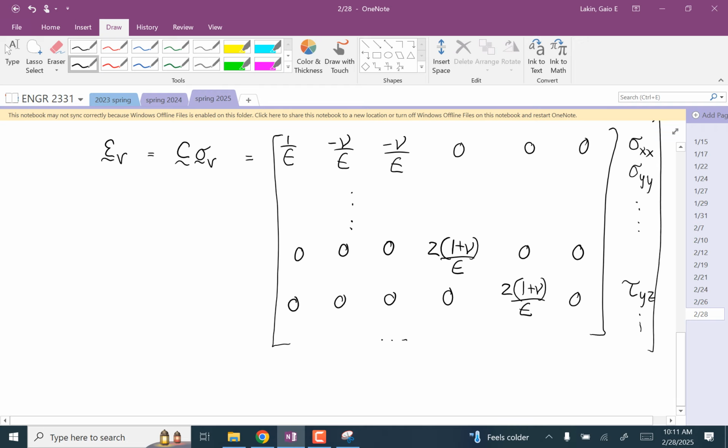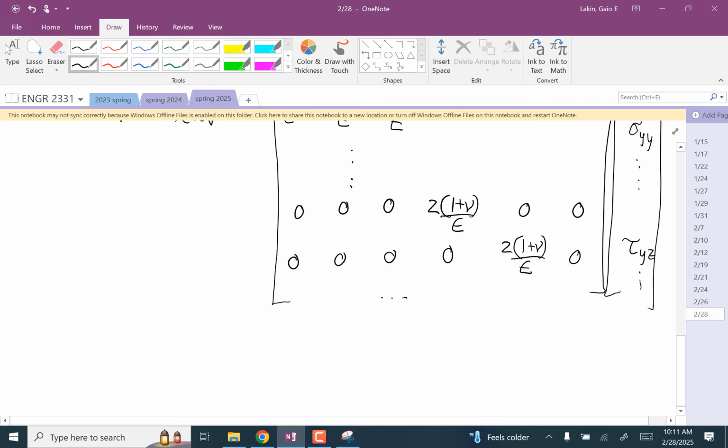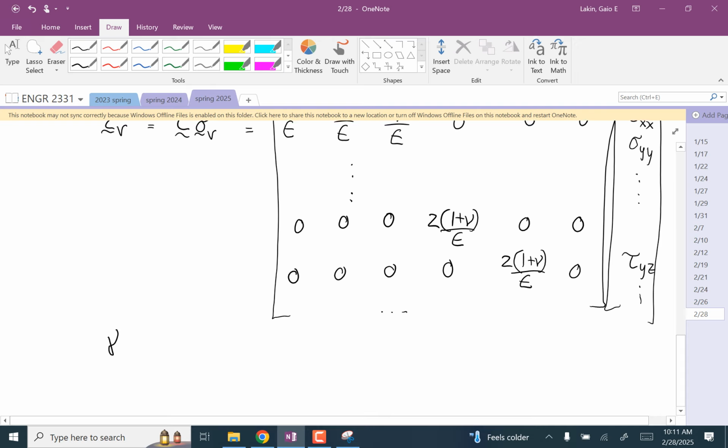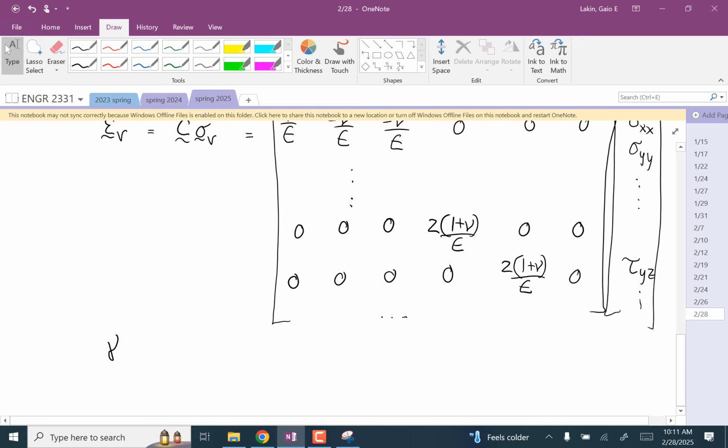Okay. And I'm writing all of this just to say that an element of shear strain is equal to, just by the rules of matrix multiplication, 2 times the quantity 1 plus nu over E times a shear stress.